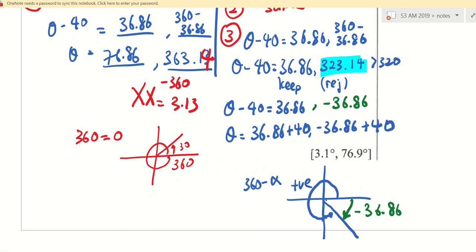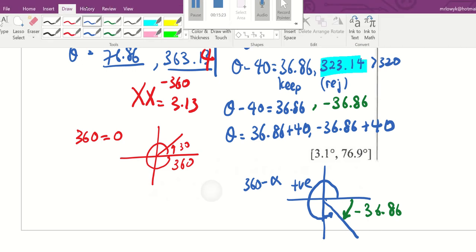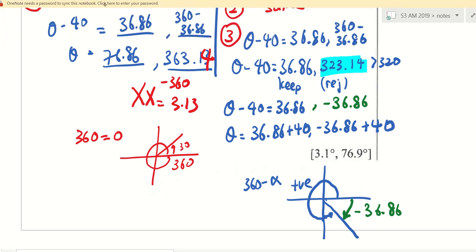It's good for you to write down as well because then we have the common understanding. Step 0 usually affect cosine, theta minus angle. Only cosine, only, and only when I have a minus theta.